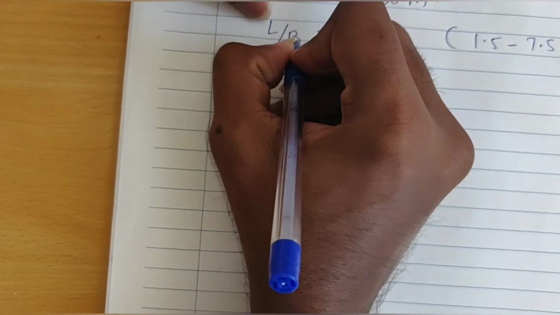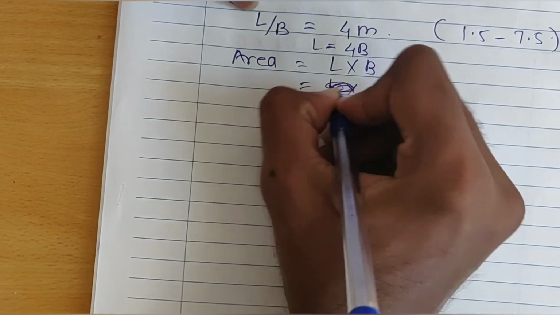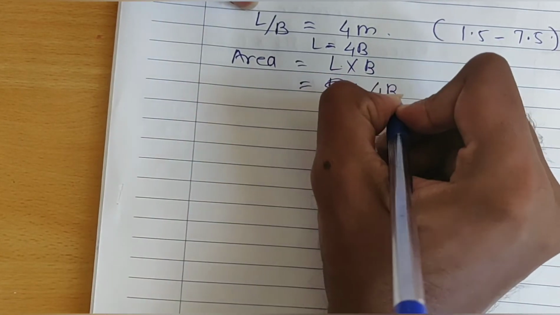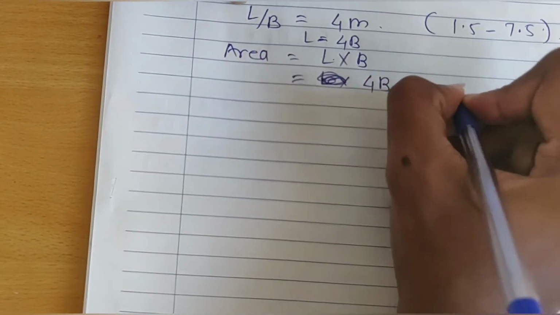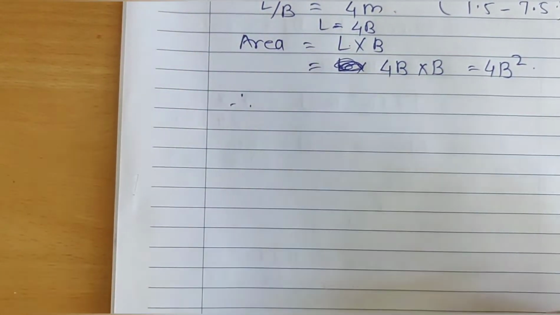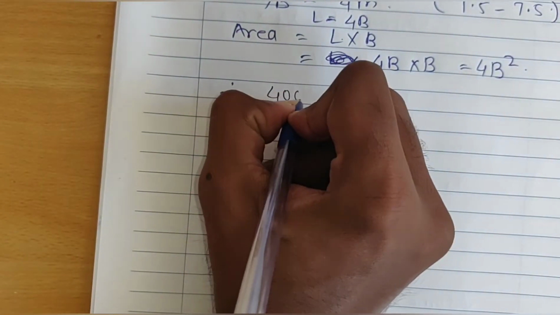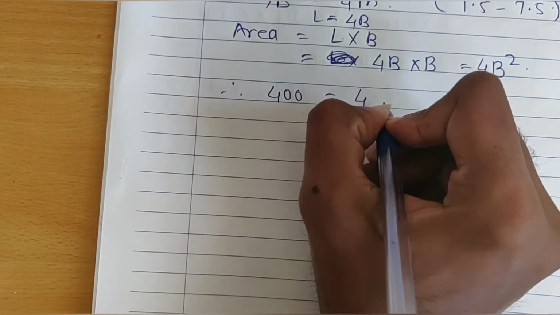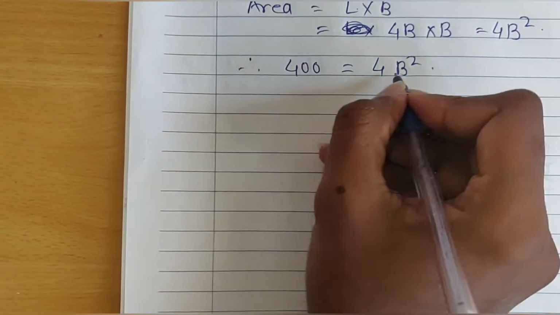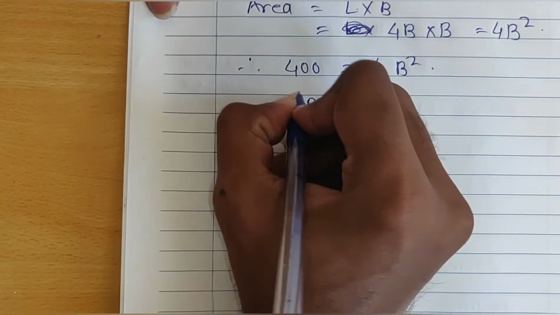L is equal to 4 times breadth, so L can be written as 4b into b is equal to 4b square. Therefore area is equal to 400 meter square equals 4 times b square. After solving this you will get the value of breadth as 10 meter.